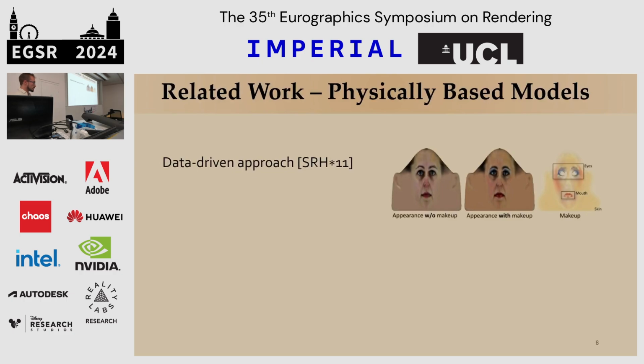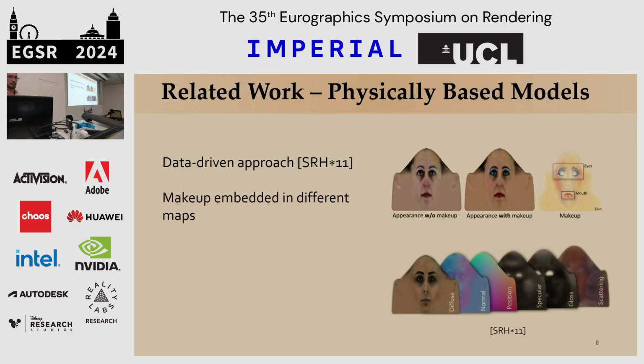Another work in the reproduction of cosmetics took a different step and instead tried to use a data-driven approach. The appearance of 56 subjects was registered with and without makeup, and from this difference, the authors were able to embed the makeup into different maps, as you can see here.